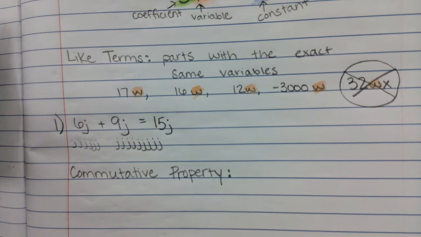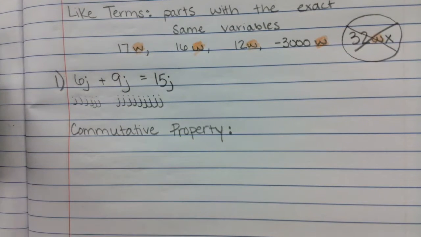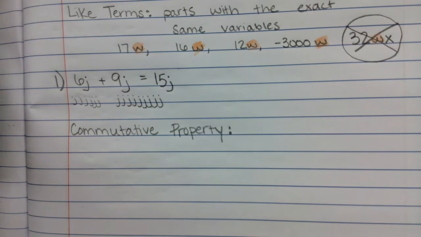Sometimes we like to look at that and our brain wants to say community, but it's not. No N, just commutative. If you commute to work, what does that mean if you're a commuter?